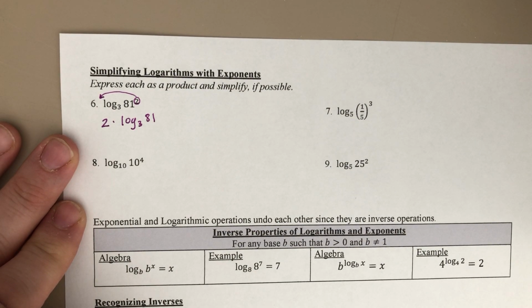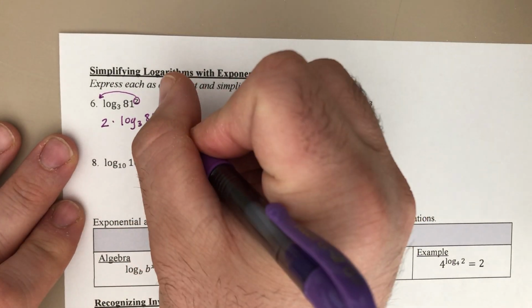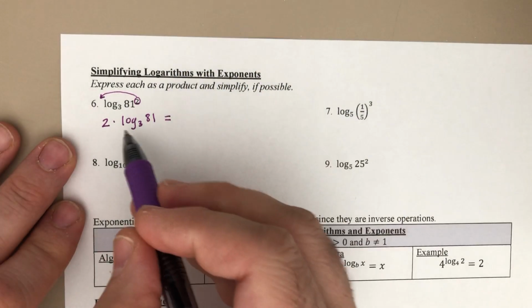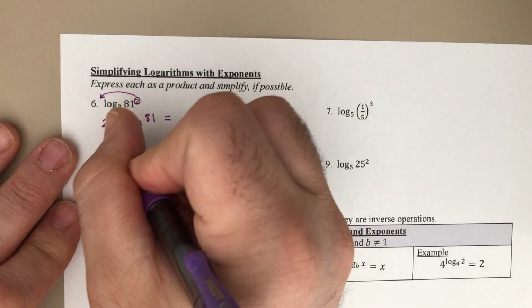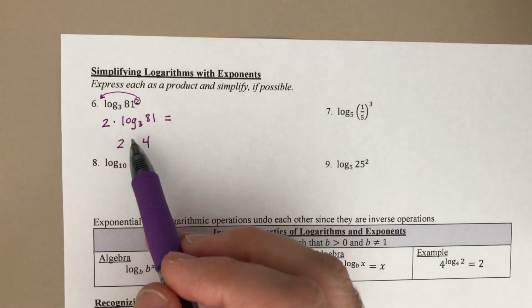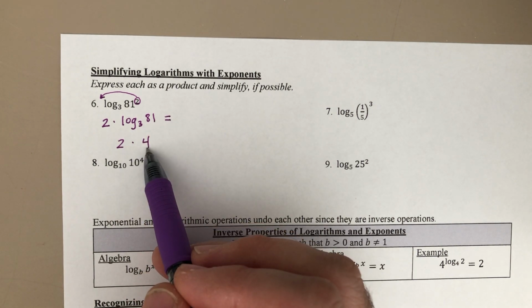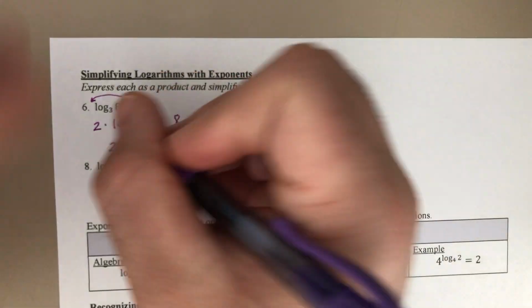It says write each as a product and simplify. Well, there's our product, and what's that equal to? Log base 3 of 81 is actually 4. This is like 2 times 4, because 3 to what power is 81? 3 to the 4th is 81. So this is 2 times 4, which is going to give us 8.